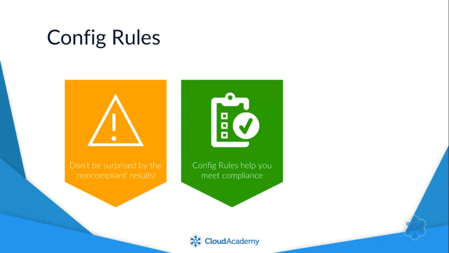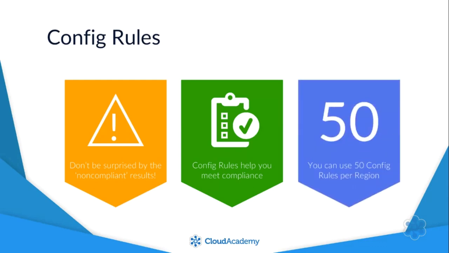These config rules are also a great way to help you meet specific compliance and governance controls for auditing. You can currently use 50 config rules per region. However, if you are finding that you require more, then you can request an increase via AWS. Coming up later in this course, we shall have a demonstration on how to set up custom config rules, where I shall talk more about the different options available.